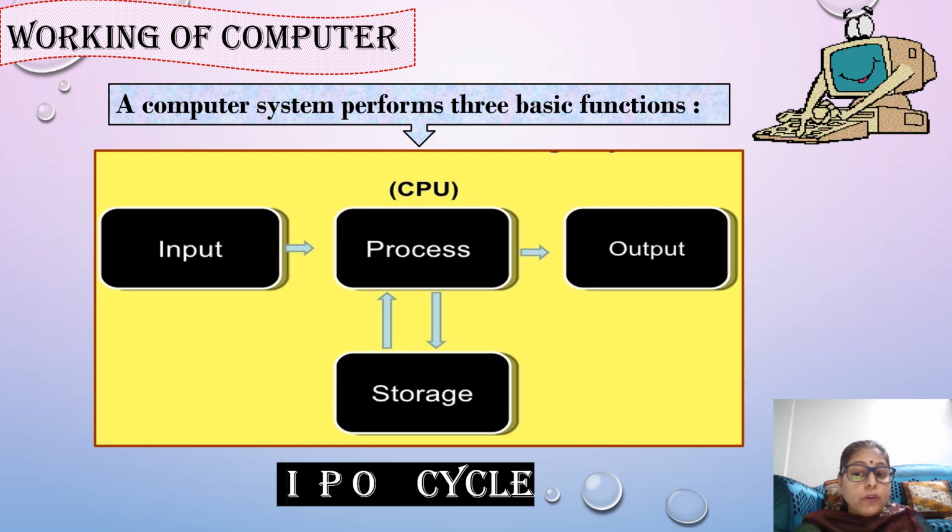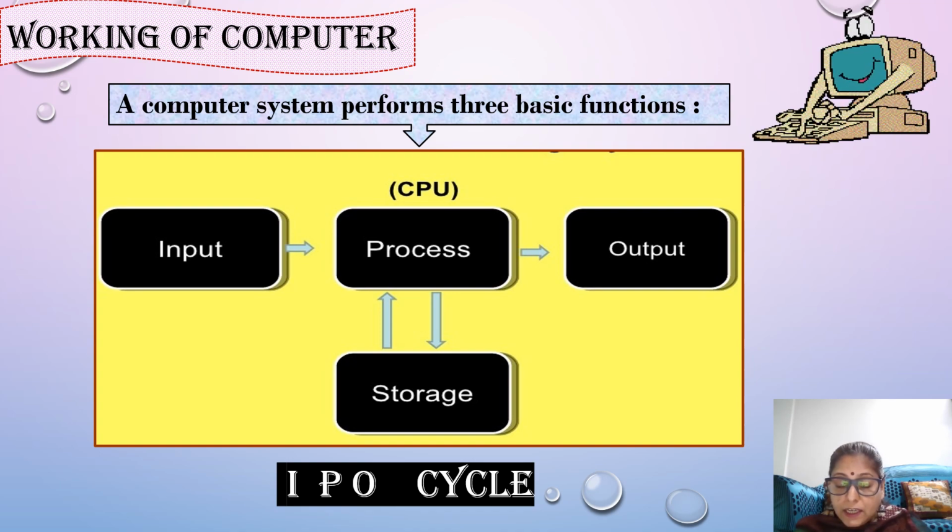Whenever you feed the data, that is input, and whatever you type goes to process, right? All the processing is done, and after that we have to get the result. Where should that result come? It should be output. The monitor shows the result. Okay, that is called the output. So this is called input, process, output. This process we call the IPO cycle.